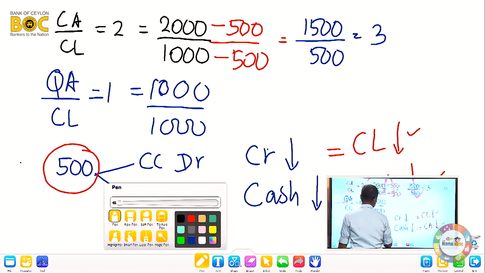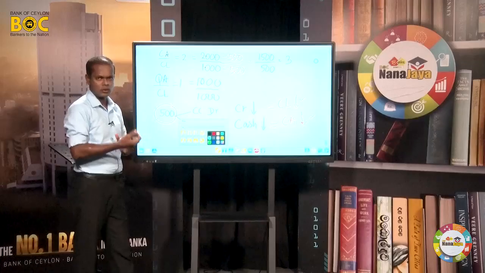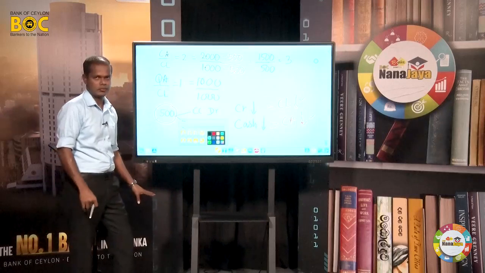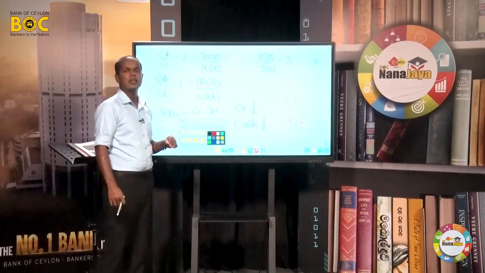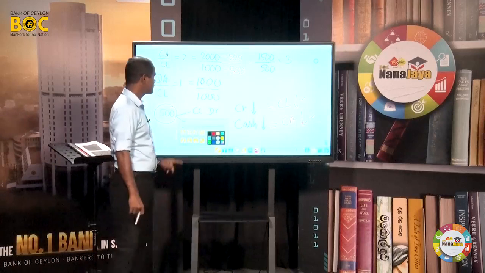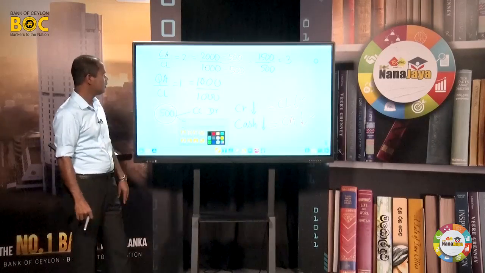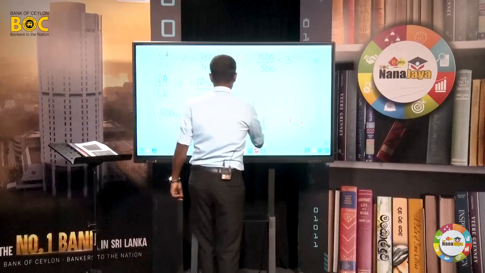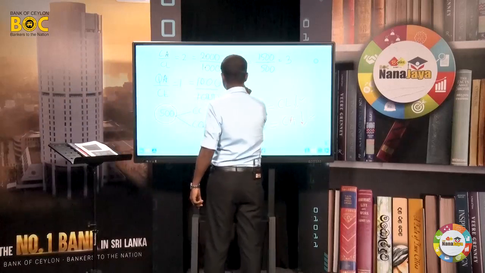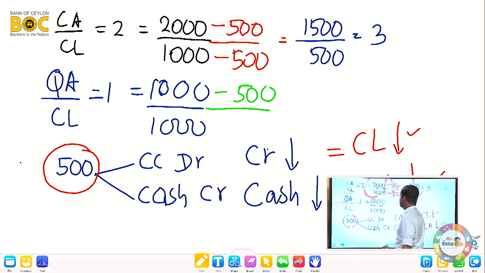Then take the impact on the quick ratio. Except inventories and prepayments, all other current assets we consider as quick assets. The cash decrease means quick assets decrease by 500, leaving 500.